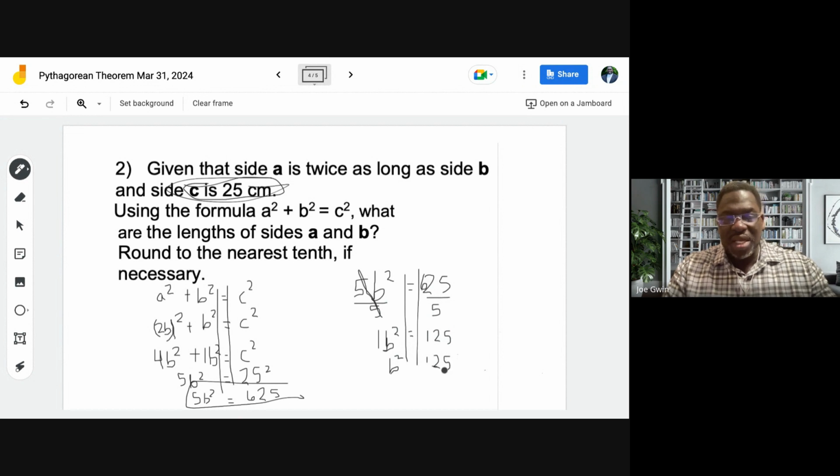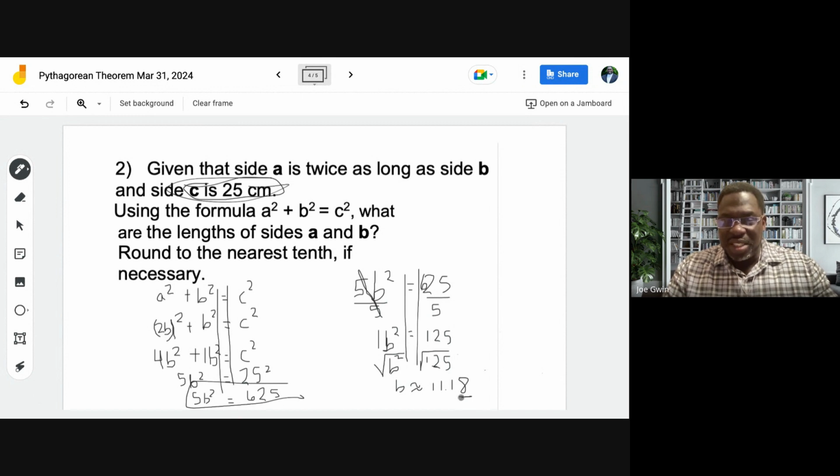We're not done yet because we still have this squared we need to get rid of. The opposite of squared is square root. Do it on both sides to keep it balanced. So we have B is approximately 11.18. We're supposed to be rounding to the nearest tenths.